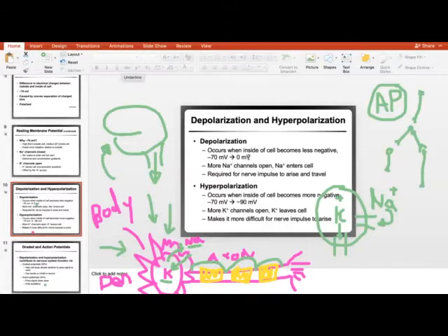But this is going towards zero, which means it's getting more positive inside the cell, which means that at some point the sodium ion channels open and sodium enters the cell.